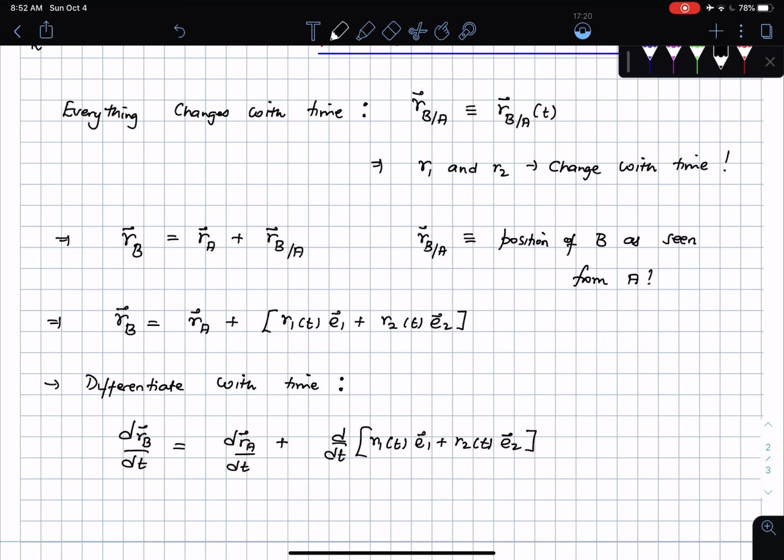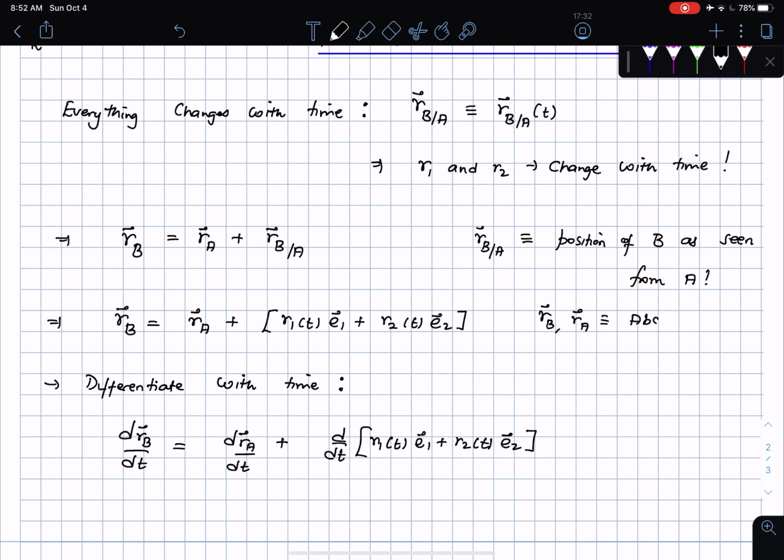And maybe just to have everything down here, rb slash a is the position of b as seen from a, and rb and ra are the absolute position of b and a as seen by an inertial observer. So that's something that you also want to make a note of.